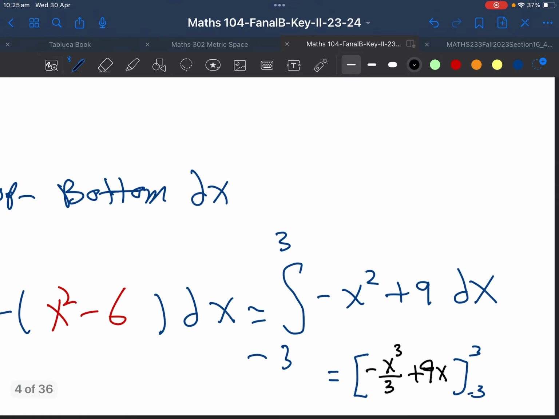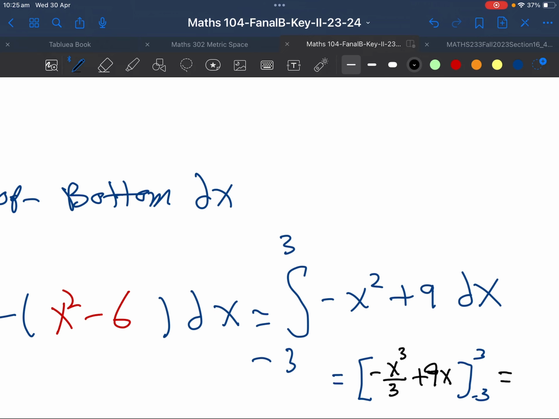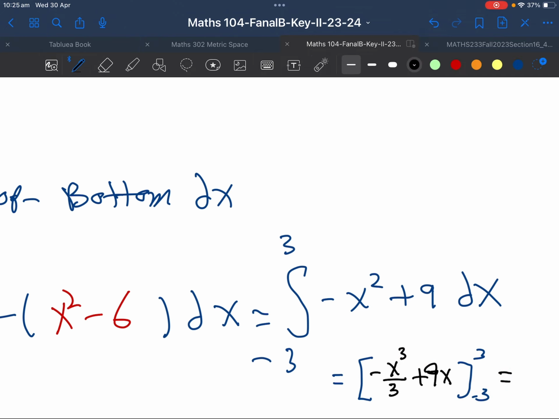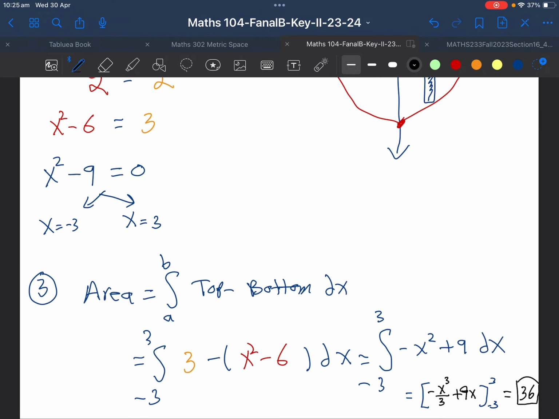Now, one time we need to substitute 3 with the calculator. Minus, we need to substitute negative 3. And then we subtract them. If we do that correctly, the final answer will be 36. And that's our final answer here.